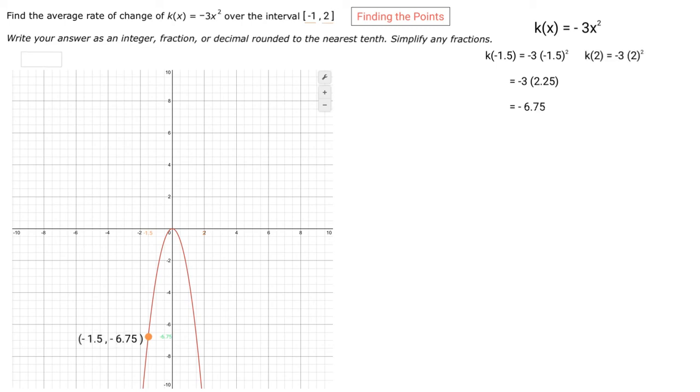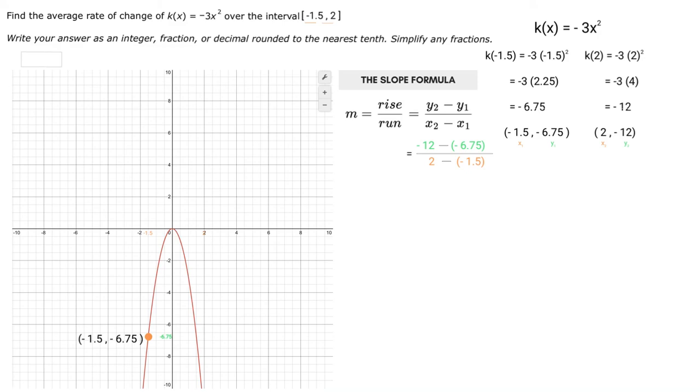Now we do the same for the second point, x equals 2, take it, plug it into the function again, and we get the second point at 2, negative 12. It's really crucial to label your coordinates at this point really carefully. So you write x1, y1, and x2, y2.